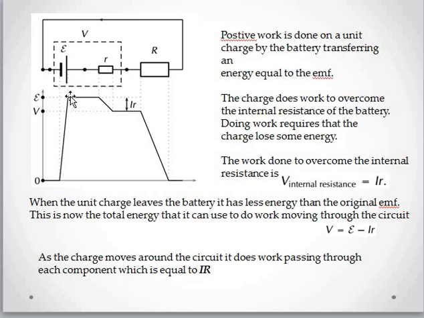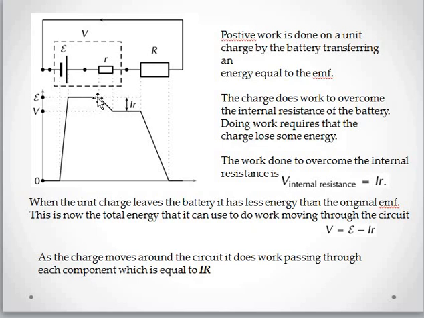You can actually see here. Okay, so it moves through the battery. It's still carrying the total energy, epsilon. Then it gets to the internal resistor, where the Ir is consumed. Okay, so the voltage is used up here.